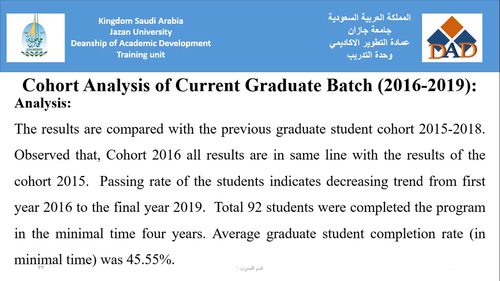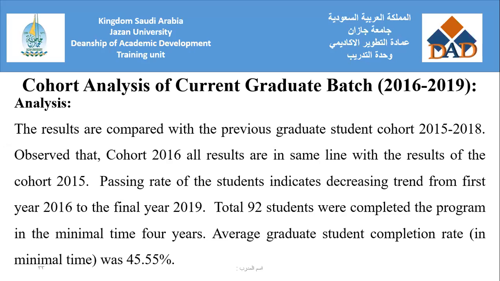In the first year, the student passing rate is higher, and after that, year by year, when the students came to the second and third year, maybe they have some difficult courses, so the passing rate decreased a little in the 2016 batch. A total of 92 students completed the program in the minimal time of 4 years.